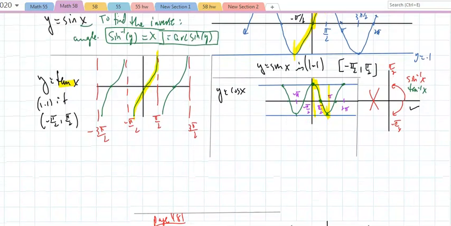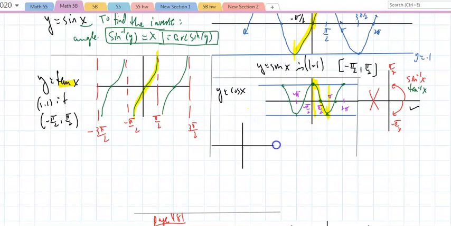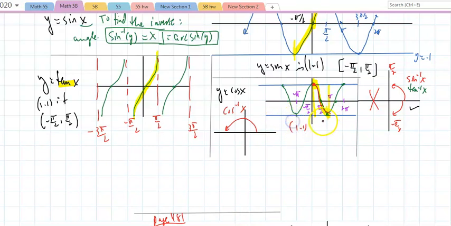Instead, if I'm really dealing with a cosine, I should really consider 0 to pi over 2 all the way to pi. And that's where the inverse cosine of x exists, right? So here I'm going to say this would be 1 to 1 if I am running between 0 and pi. So this is 0, this is pi. You can be in this quadrant if you're dealing with an inverse cosine.